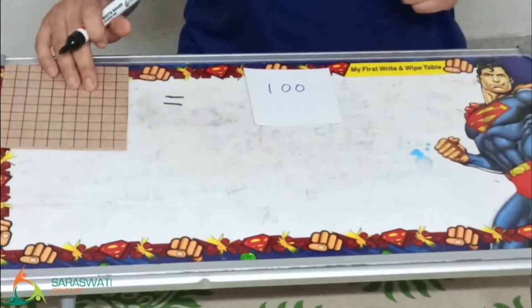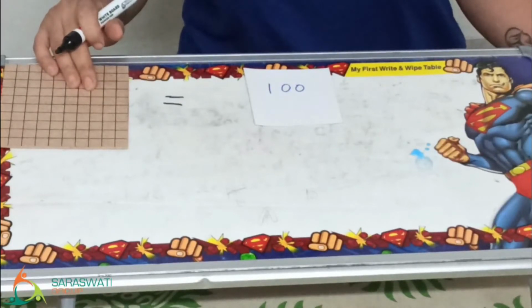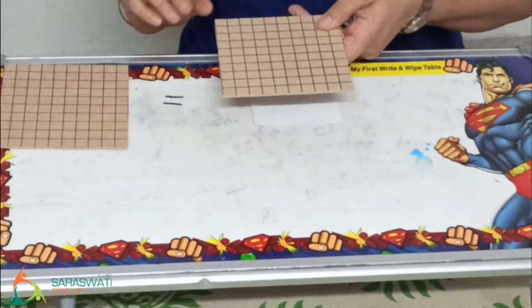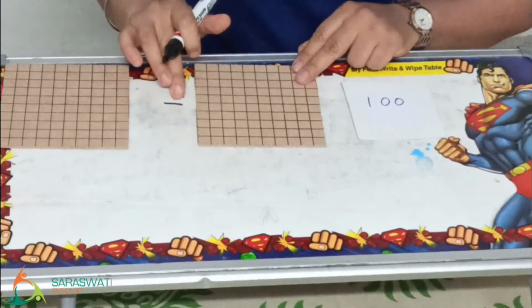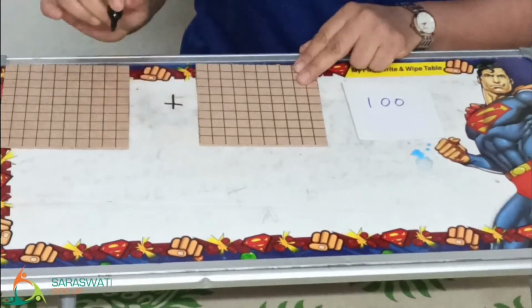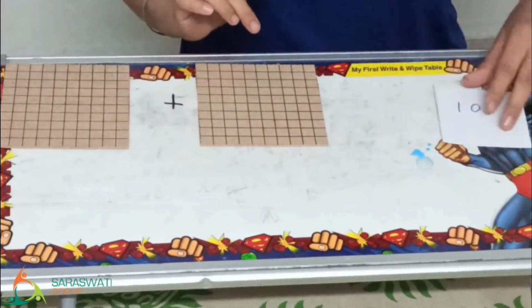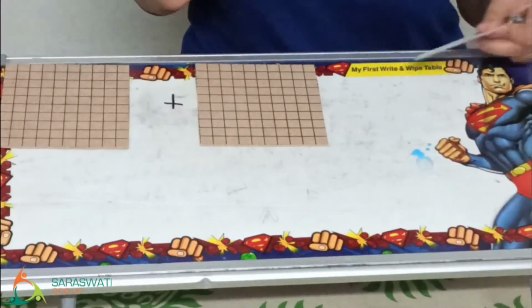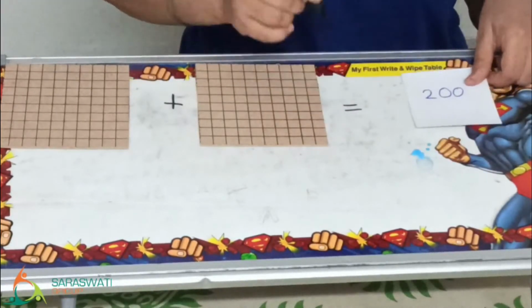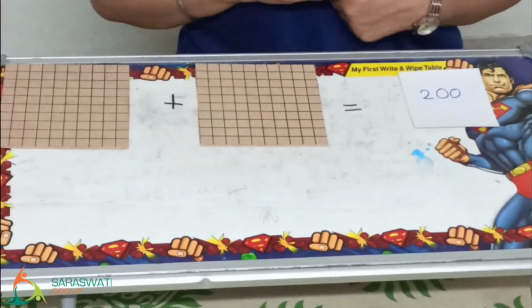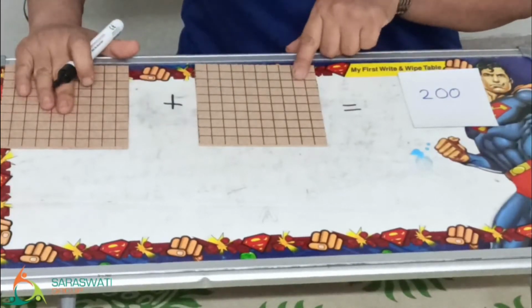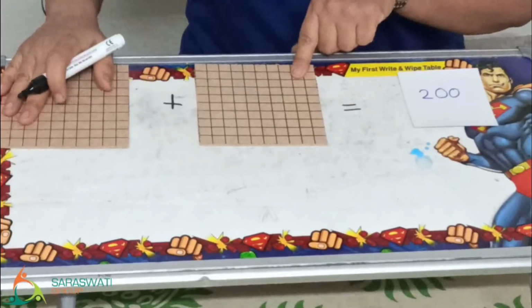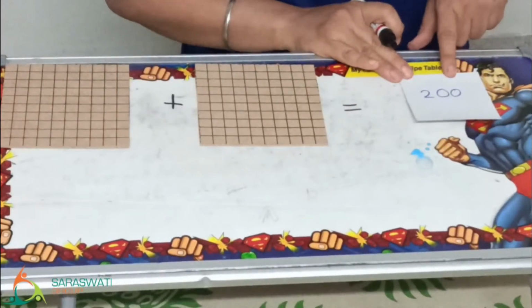But now if I add one more grid to it, let me add. One grid plus one more grid will give me 200. So adding one grid to another grid of 100 will give me 200.